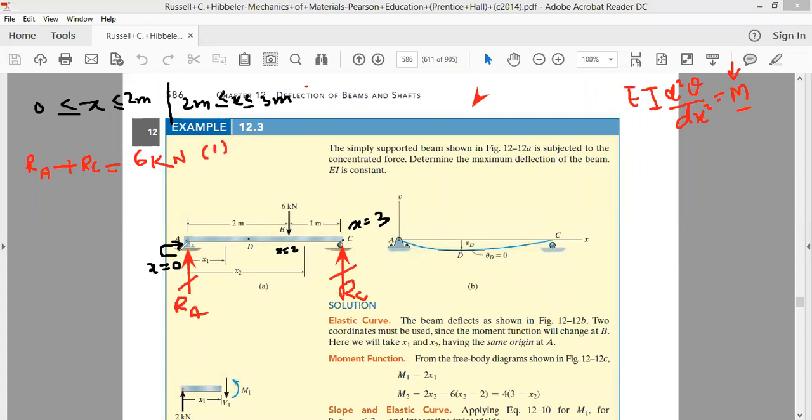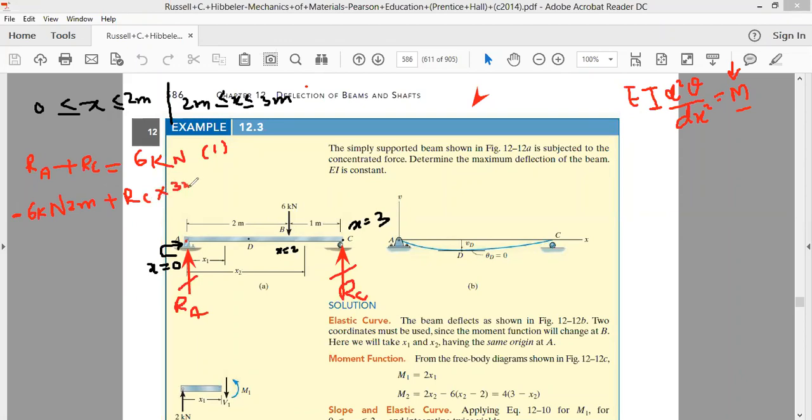The second will be taking moments about an axis passing through point A. The moment because of the 6 kilonewton will be 6 kilonewton multiplied by 2 meter, and this is trying to rotate our beam in the clockwise direction, so we'll take this as minus. The moment because of RC is trying to rotate the beam in the anti-clockwise direction, so we'll take it as RC kilonewton multiplied by 3 meter.